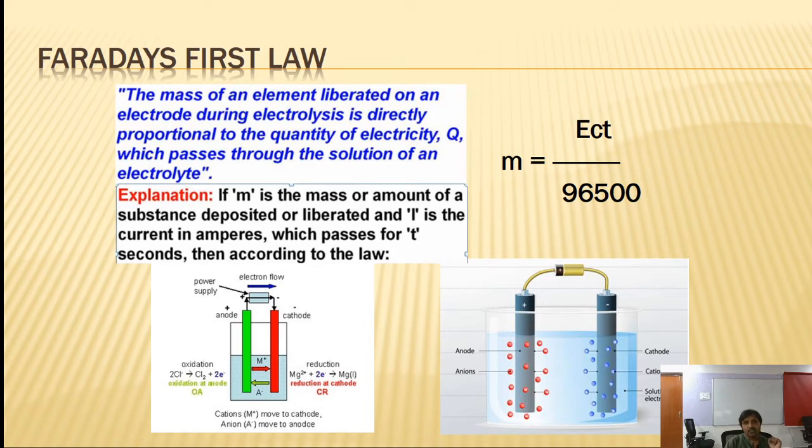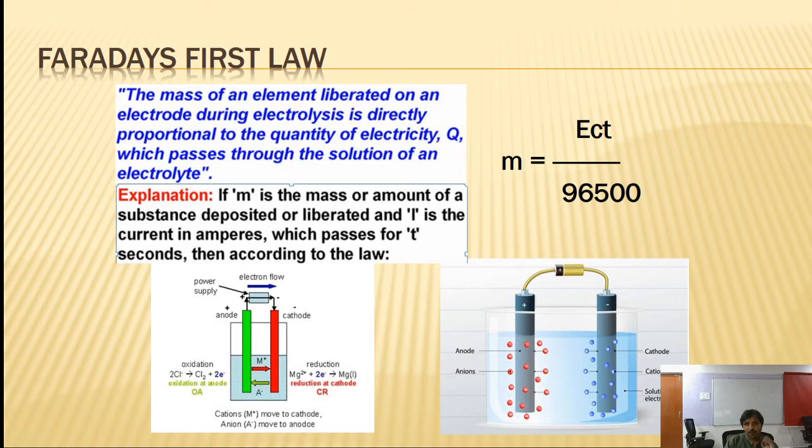That is, Cl minus ions lose electrons, get neutralized, and evolve Cl2 gas. Similarly, cations that come close to the cathode gain electrons, get neutralized, and get deposited on the electrode, that is the cathode.